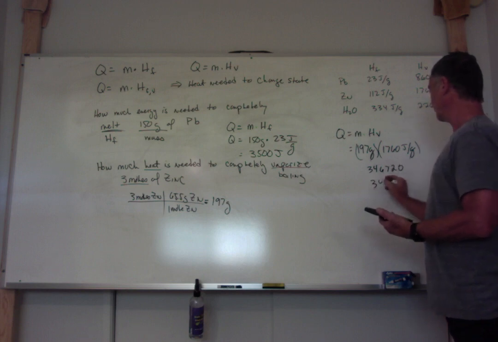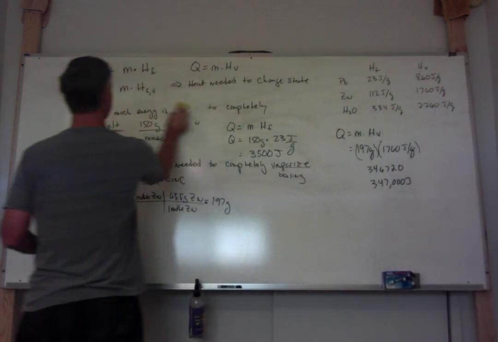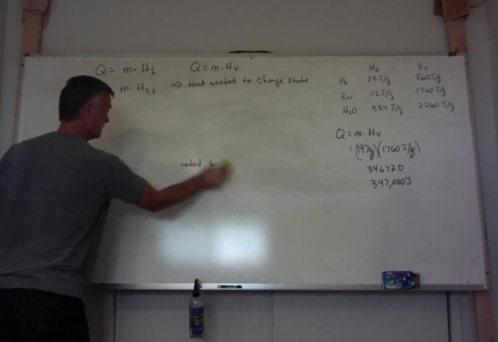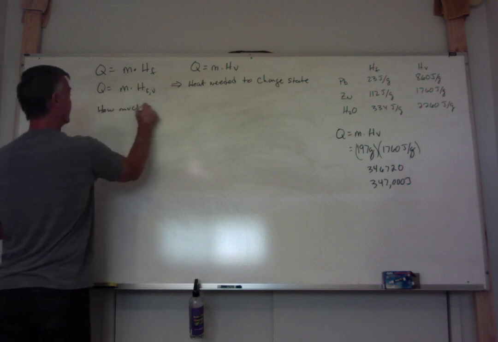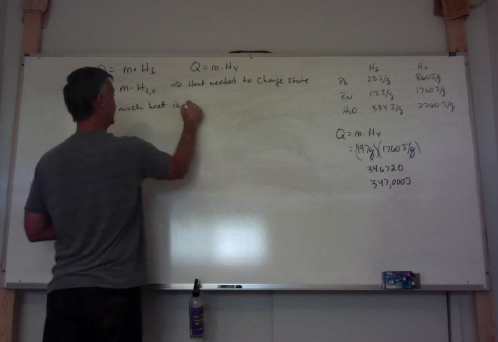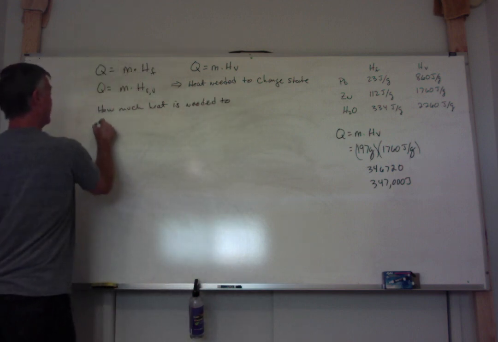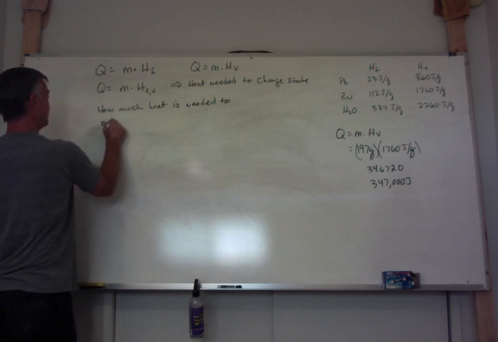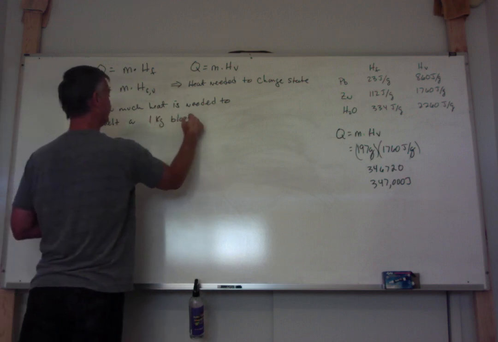We'll round that off to 347,000 joules. Notice how much more it is than this one over here. All right, and then one last one. Let's say we ask how much heat is needed to melt a 1 kilogram block of ice.